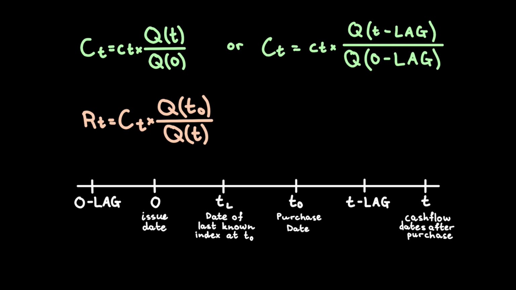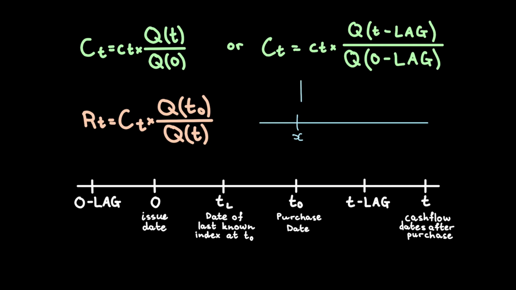And now, since it takes time for indices to be released and confirmed and all the logistics that go behind that, there's actually often a time lag between a point in time, let's call it X, and a point in time later where the index for X is confirmed or released. And the time difference between X and when you find out what the index was at X is known as your time lag.